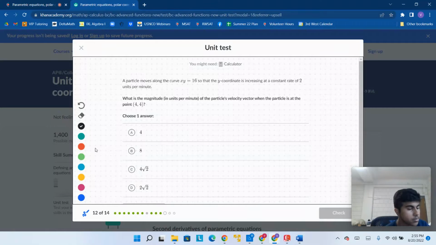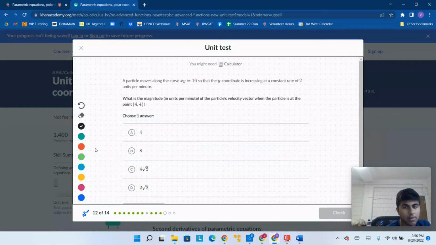Okay, so if we have our position vectors, and we want to figure out how we rationalize that, well, we can make this, say, 2y, and we can do 16 over 2y, which is just 8 over y.